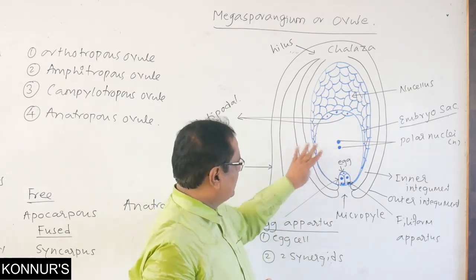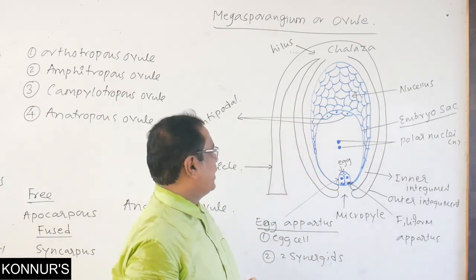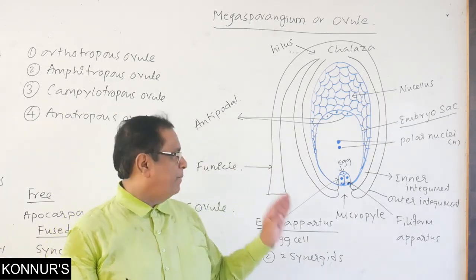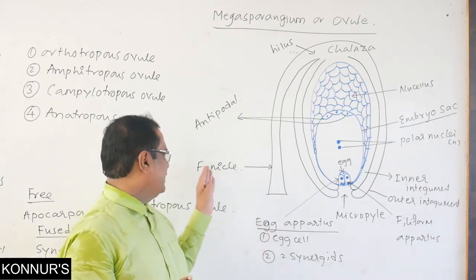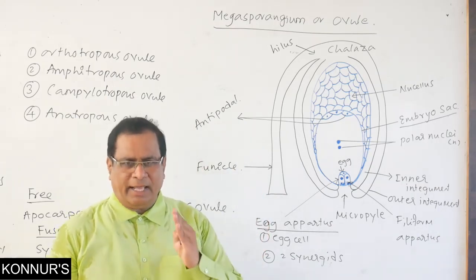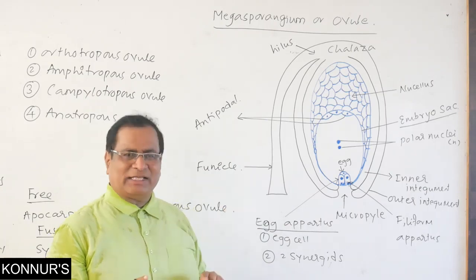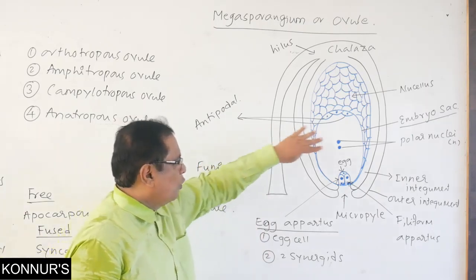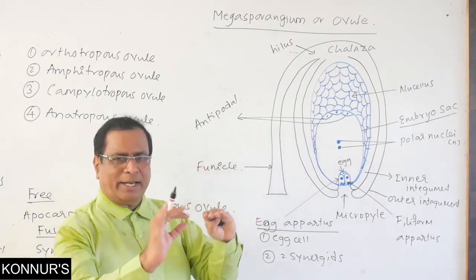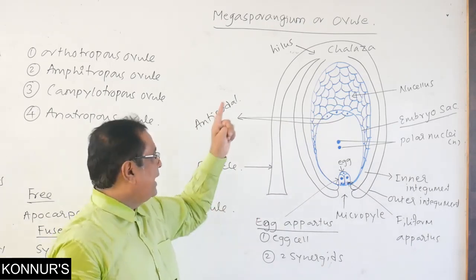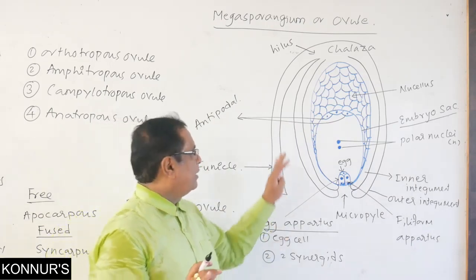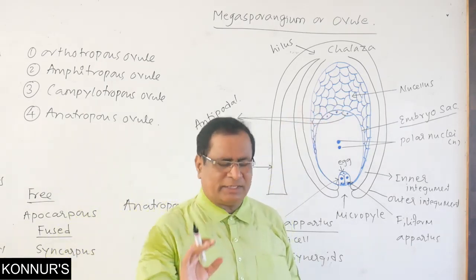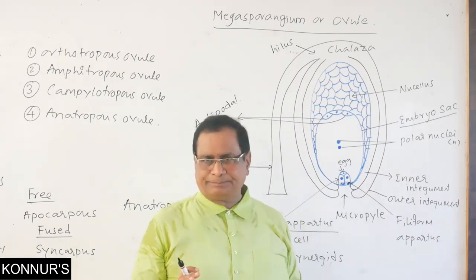It is the structure of megasporangium or ovule, and it is anatropous ovule, bent ovule. Its stalk is named as funicle. With the help of funicle it is attached to the placenta of ovarian tissue, and ovule body and funicle are joined at the junction named hilum, and the ovule body is having a homogeneous tissue inside named nucellus.